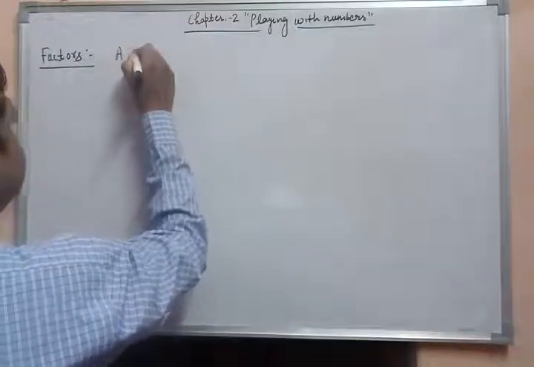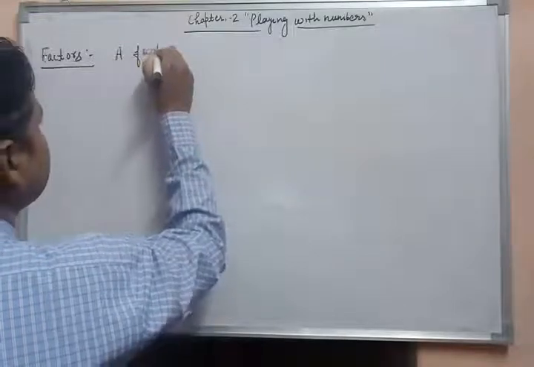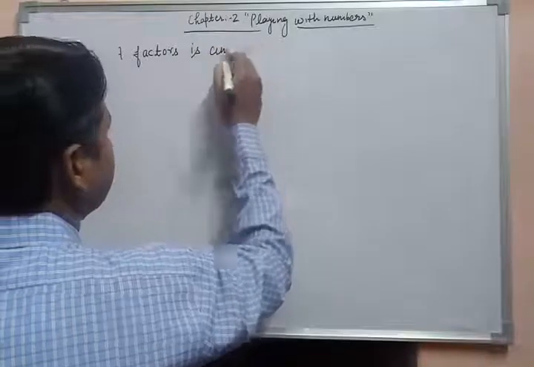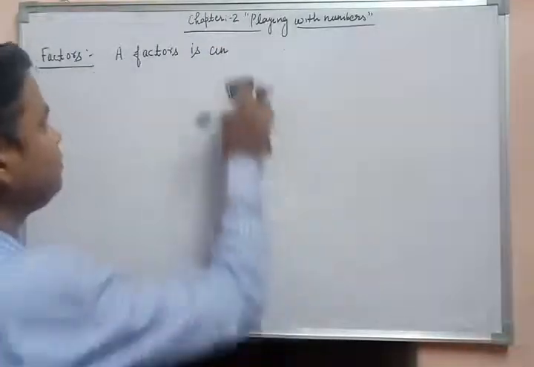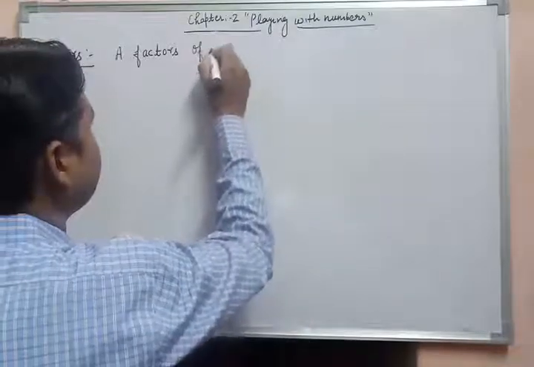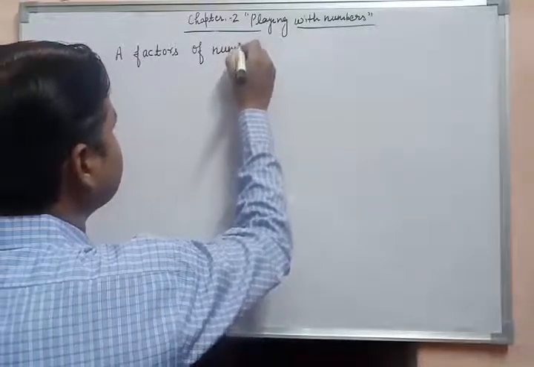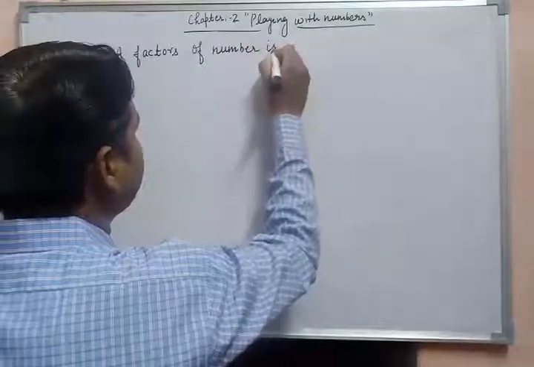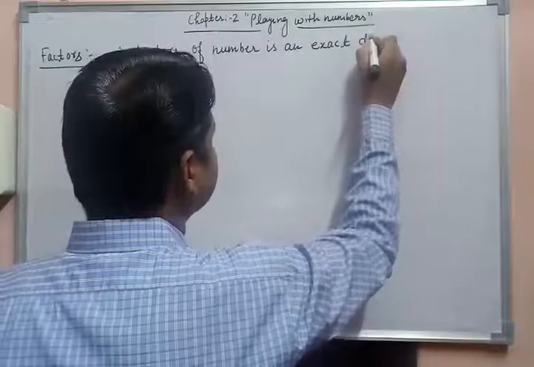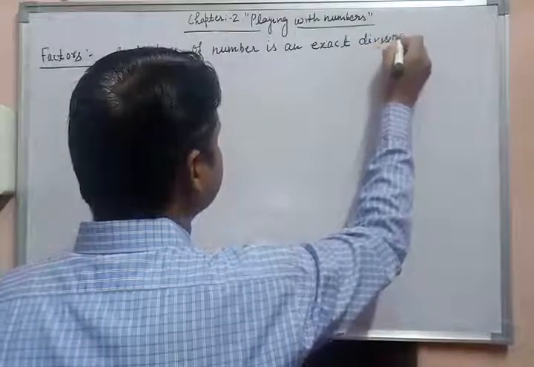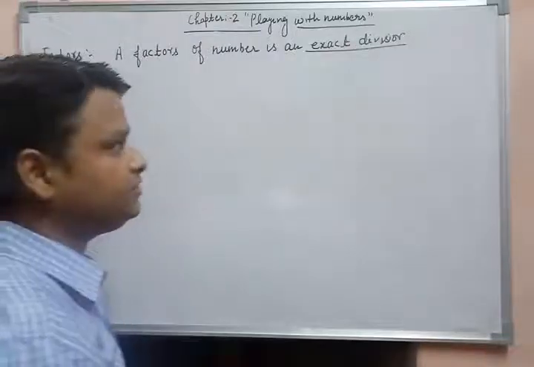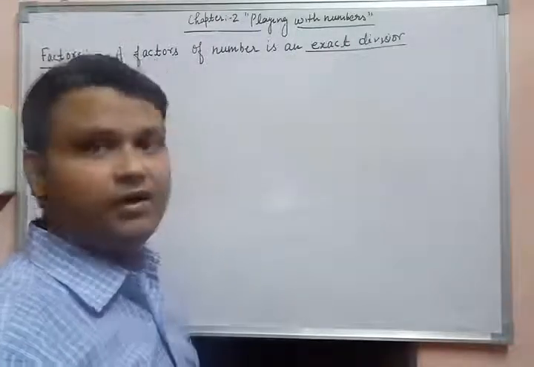A factor of a number is an exact divisor. Exact division means proper division.